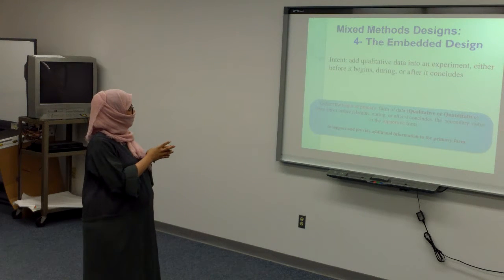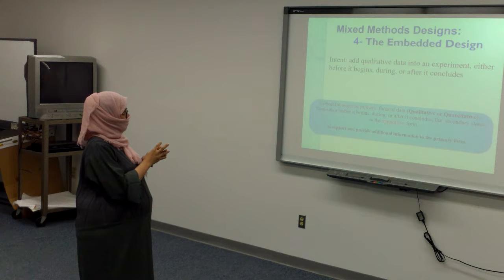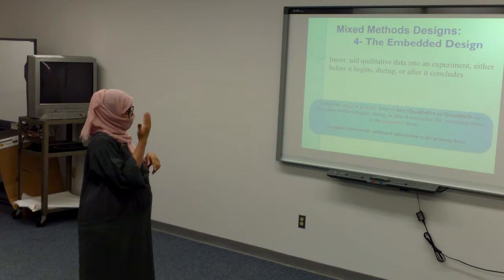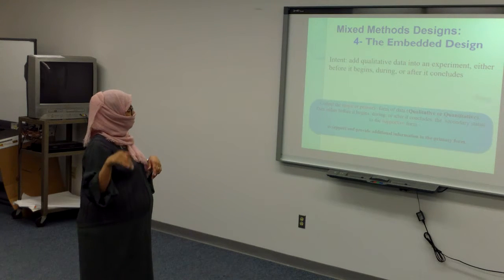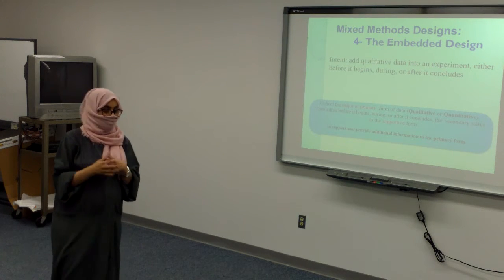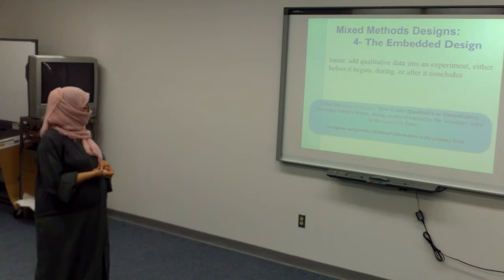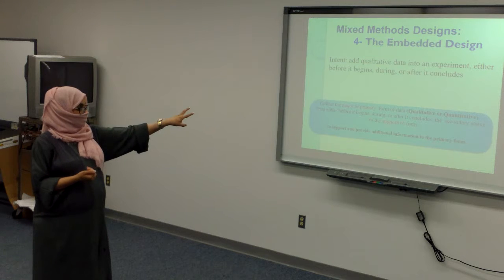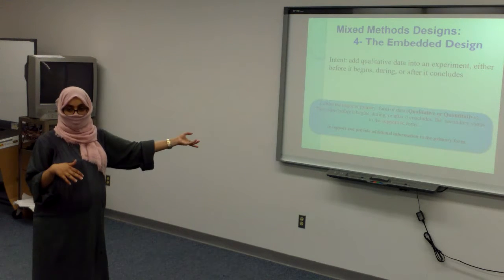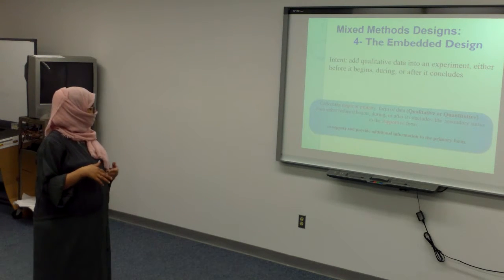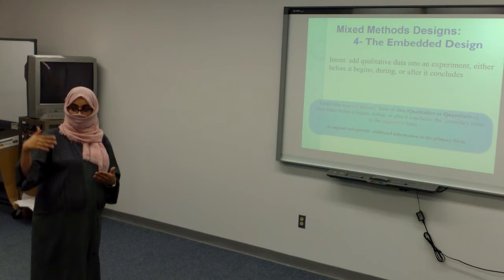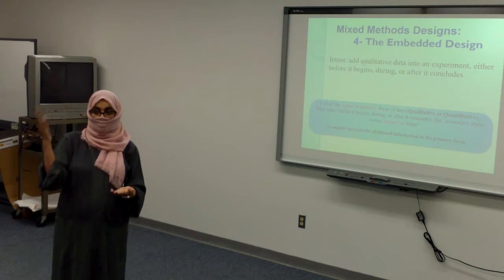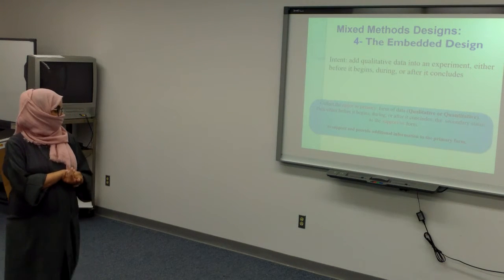Here, data is collected during an experiment, either before it began, or during it, or after the conclusion. Collect the major primary form of data, so either quantitative or qualitative data. Then during that, or before or after it, collect the supportive data to support the major one.